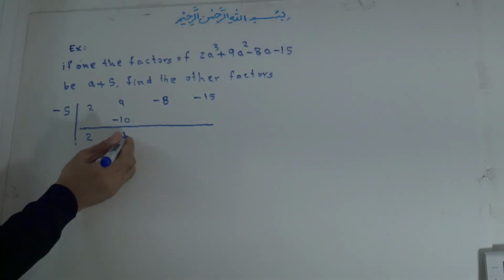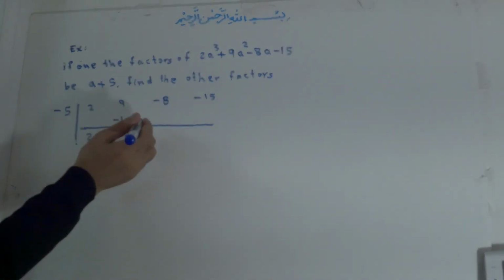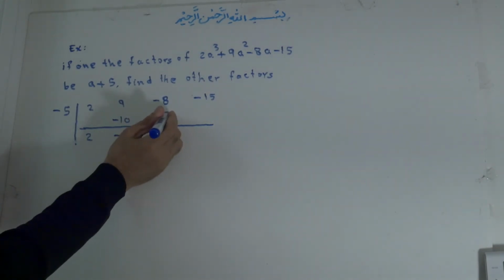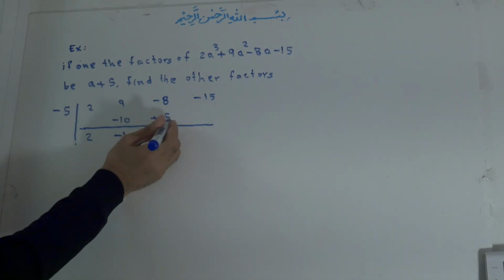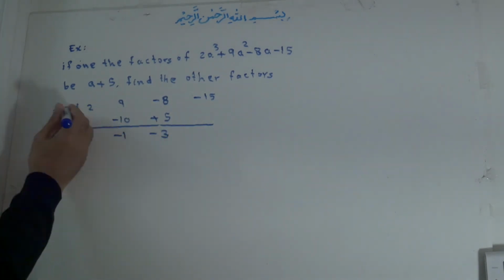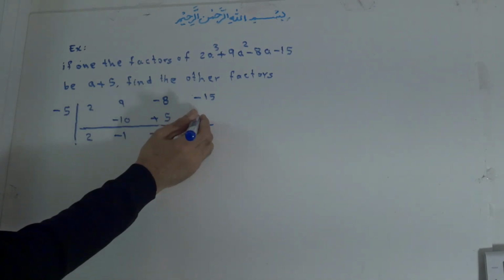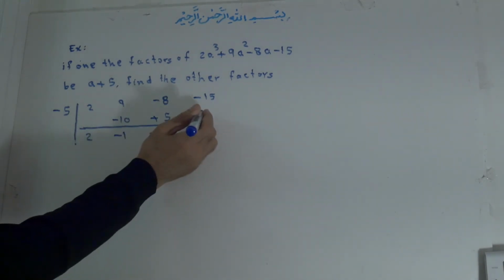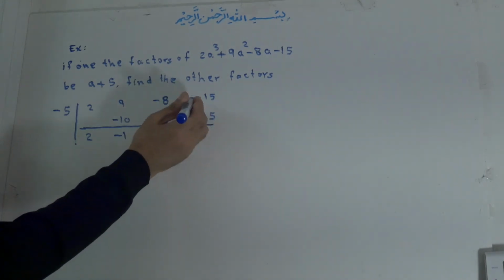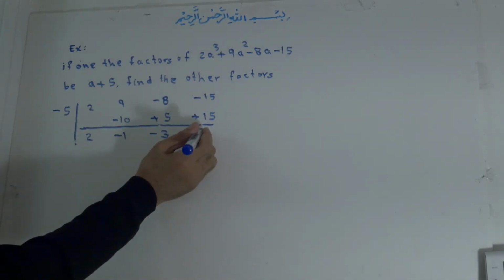Now we multiply minus 1 times negative 5, negative times negative is positive, 1 times 5 is 5. Now there is minus 3 here. Negative times negative is positive, and 3 times 5, 15. Now negative 15 and positive 15, 0.